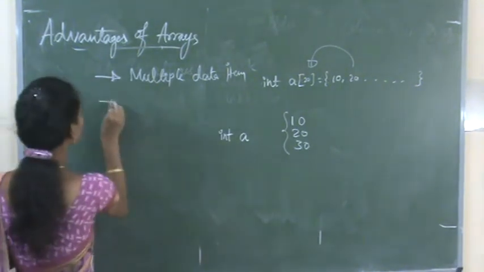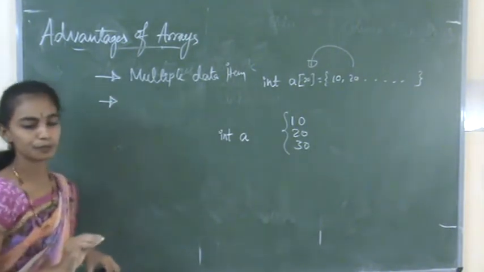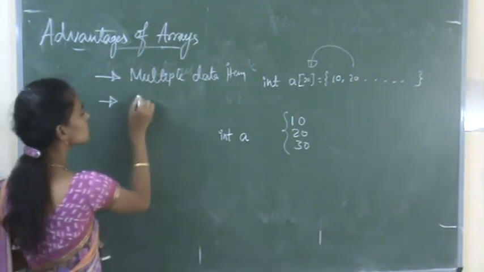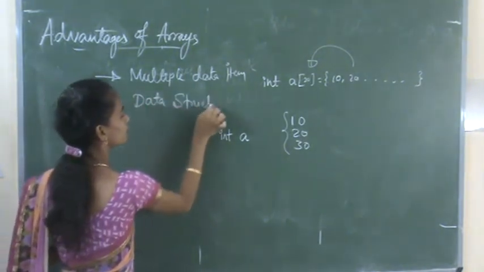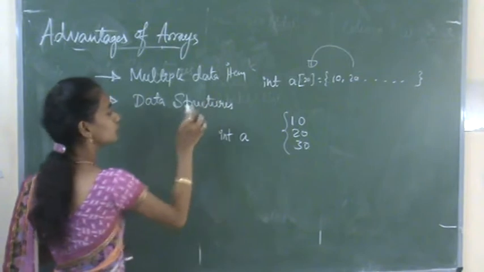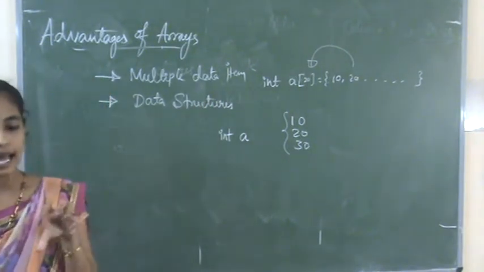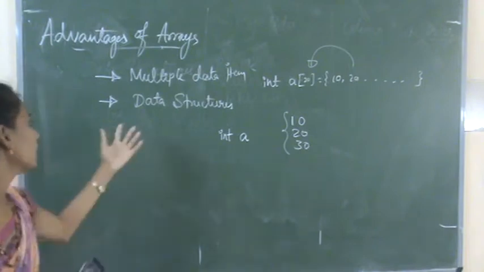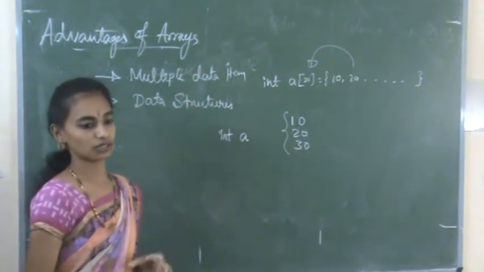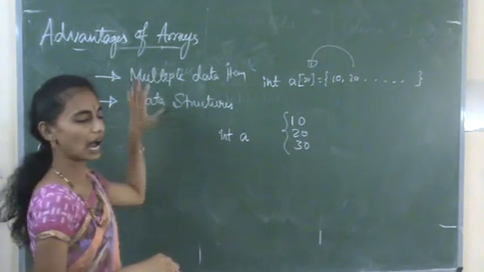The second advantage of an array is that it is used in different data structures, right? This array concept is implemented with other data structures. That is the second advantage.